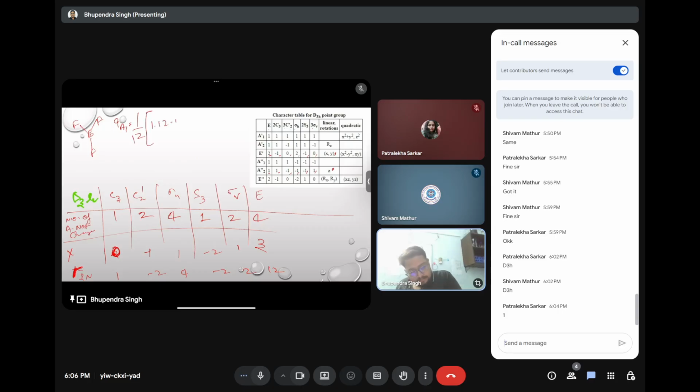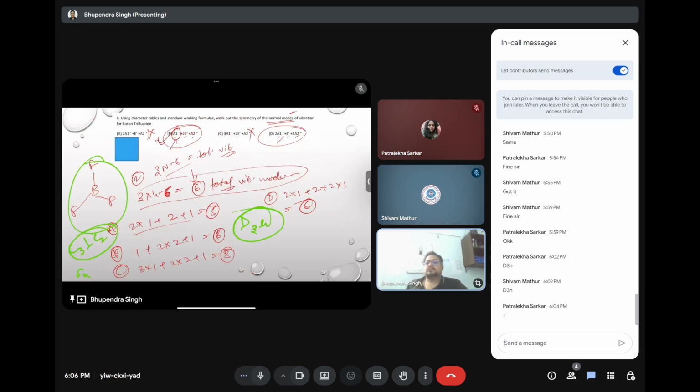So (12 plus 3 minus 2 plus 1 plus 4 plus 1) divided by 12. So it will be 12 by 12, which is 1, which means this is your correct answer.